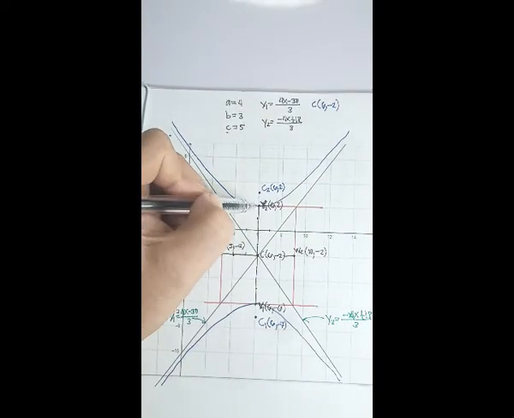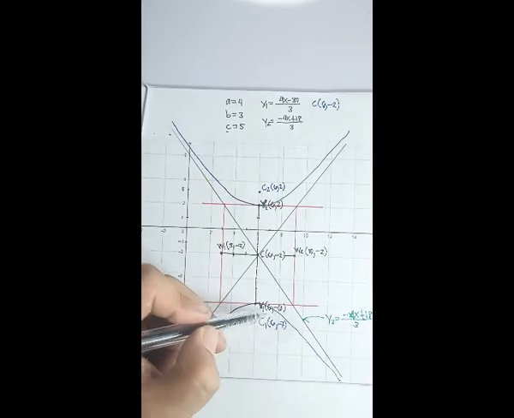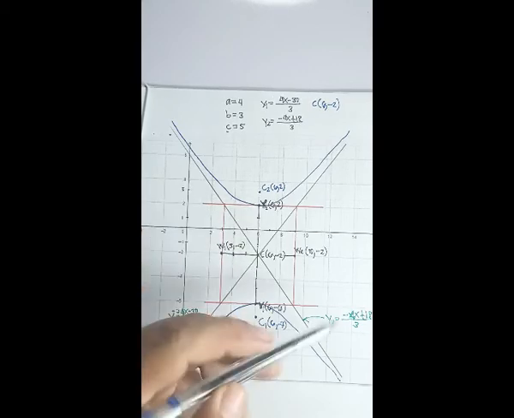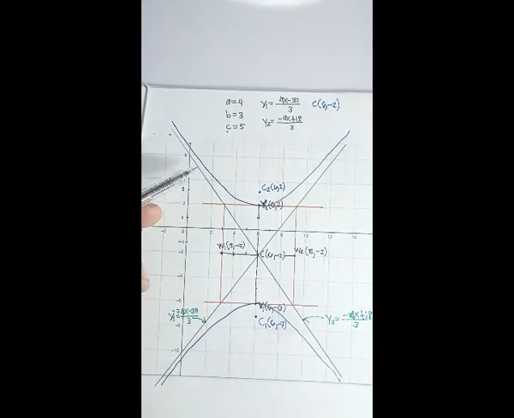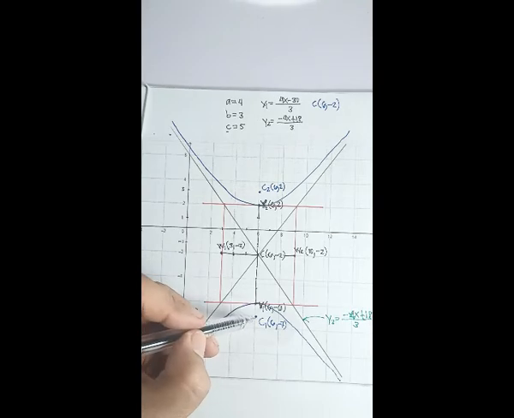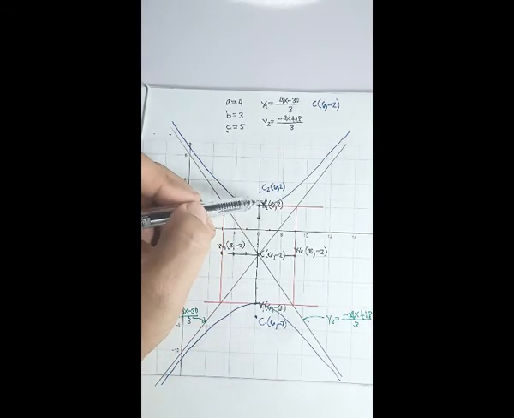And then ends of the transverse axis V2 and V1 with corresponding location 6, negative 6 and 6, positive 2. And then our asymptotes, the lines with its corresponding equations, and then the foci of the hyperbola, C1 and C2, and also its location.